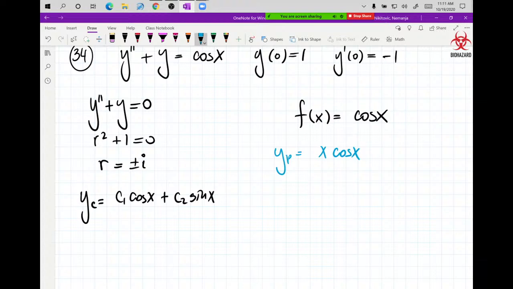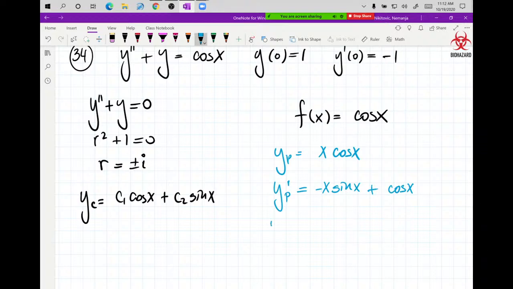And now you just take a whole bunch of derivatives here and see what you get. So your yp prime is going to be, now you have a product rule, right? So copy the first, derivative of the second, plus copy the second, derivative of the first, which is just 1.